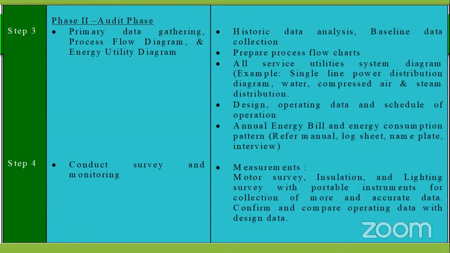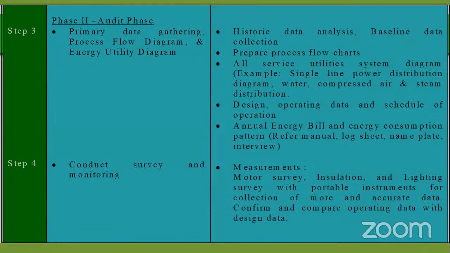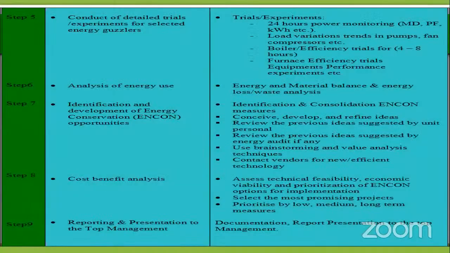So you take up the AMS with your previous information. We need to give such information and convey it in the right way, whether the data is working fine or not with the design data. And the next step is to conduct detailed trial experiments for selected energy guzzlers. The trial experiments mean 24 hours power monitoring, MD needs to be taken care of, PF needs to be taken care of, kilowatt hour, etc. need to be monitored 24/7 for that period alone.